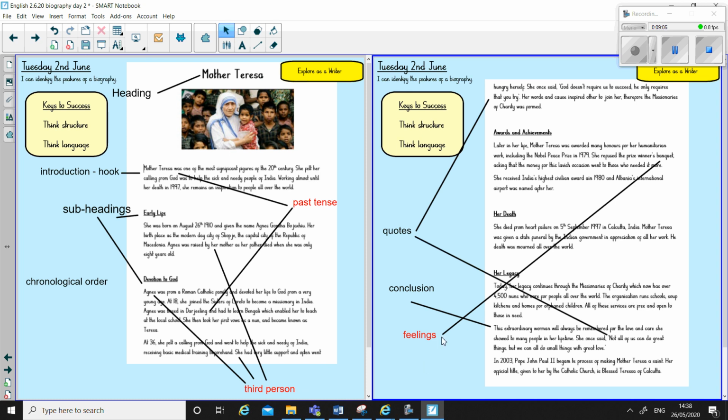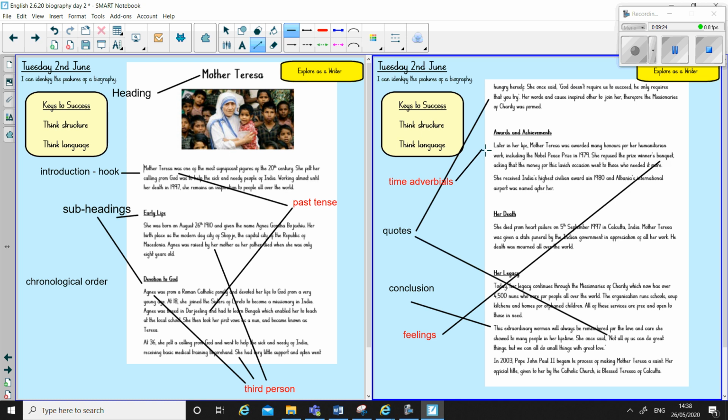Oh, one other thing that I've just remembered is if it's in time or chronological order, we have time adverbials, don't we, to tell us when. And I'm sure that's one of our really key skills from this year, isn't it? I'm sure many of you will have spotted the time adverbs.